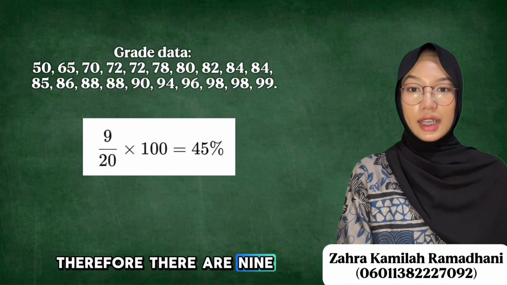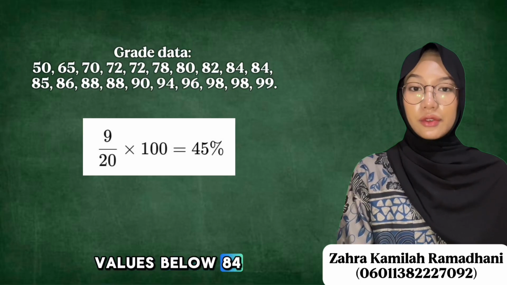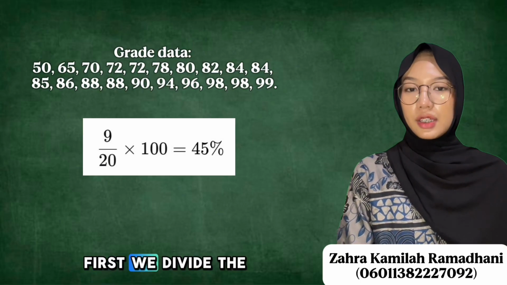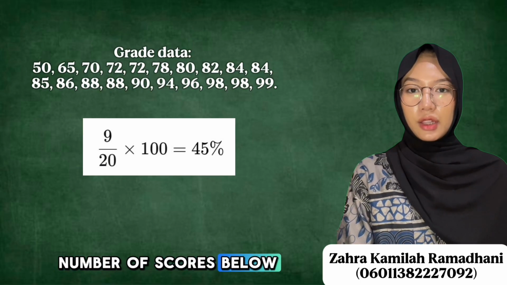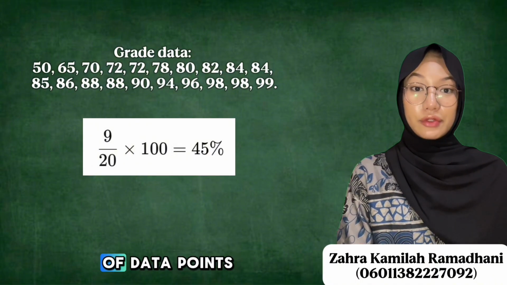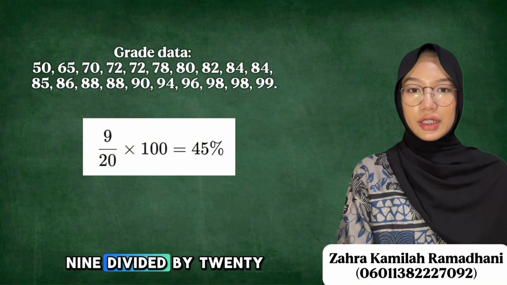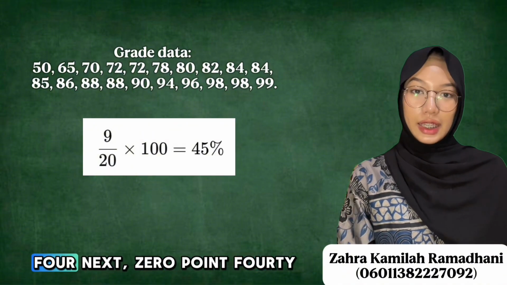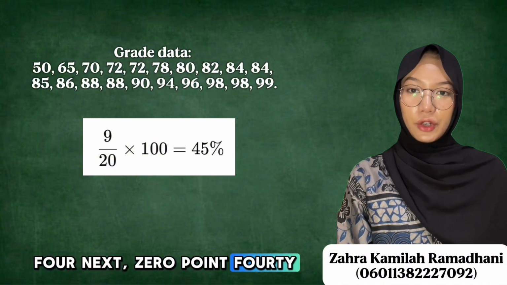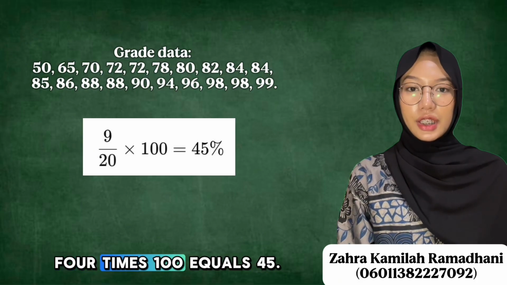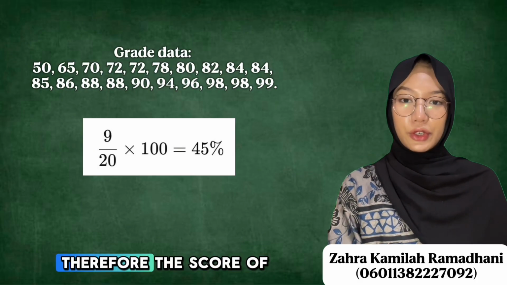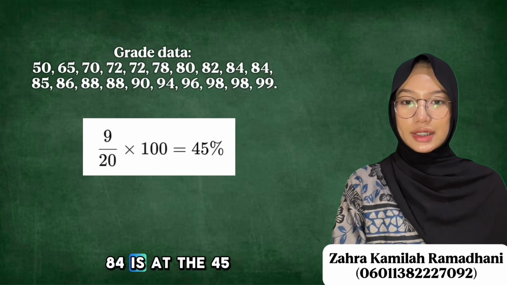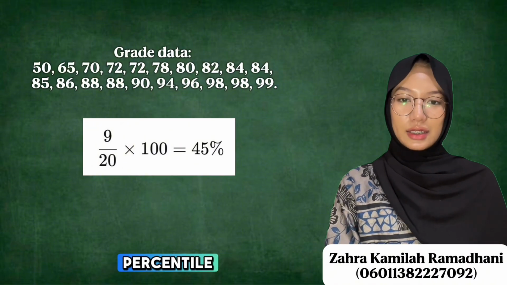Therefore, there are 9 values below 84. First, we divide the number of scores below 84 by the total number of data points. 9 divided by 20 equals 0.45. Next, 0.45 times 100 equals 45. Therefore, the score of 84 is at the 45th percentile.